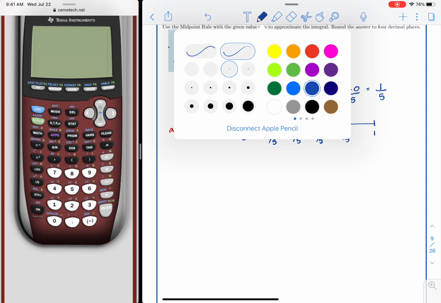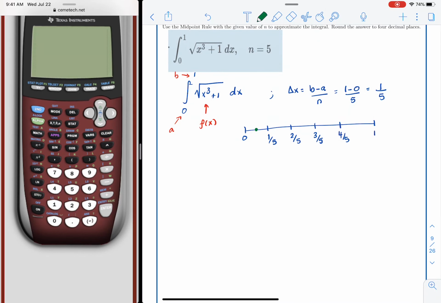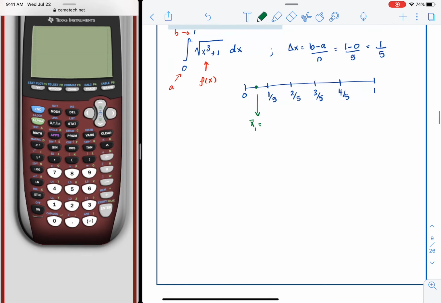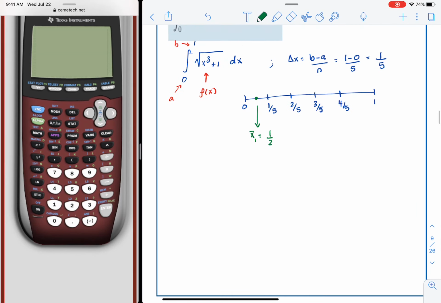So our midpoints are going to be between 0 and 1/5. So I could call that x bar 1. So that is simply 1/2 times 1/5 plus 0, which is 1/10. x2 bar is 1/2 times 1/5 plus 2/5. That would give us 3/10.